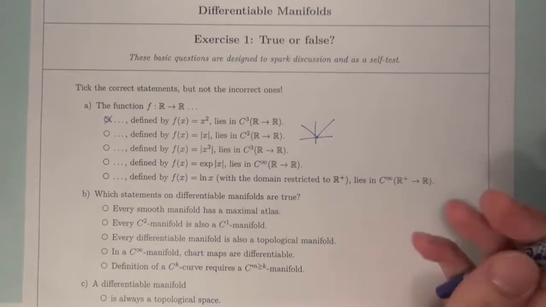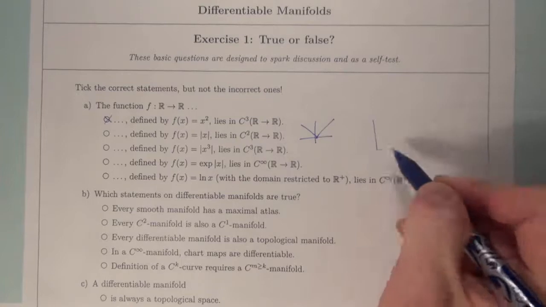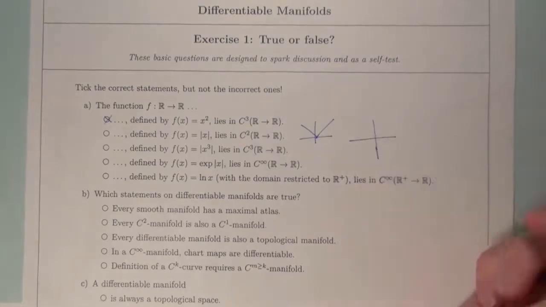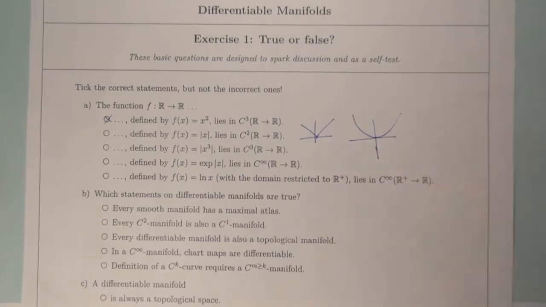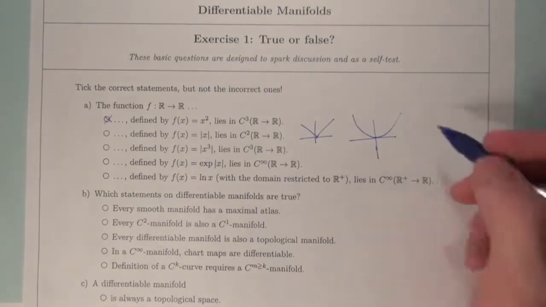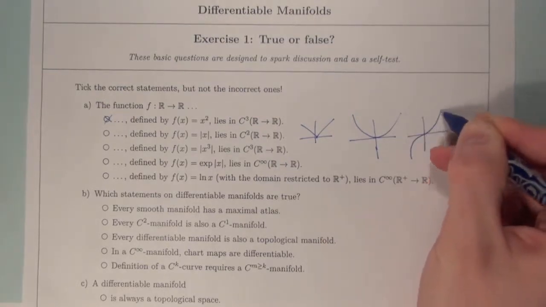Third statement is: the function f is now defined as the absolute value of x to the power of 3. And we have to judge whether this is in C3 or not. We need to draw this again. That's the function. Clearly we can derive it once, and we arrive at this one.